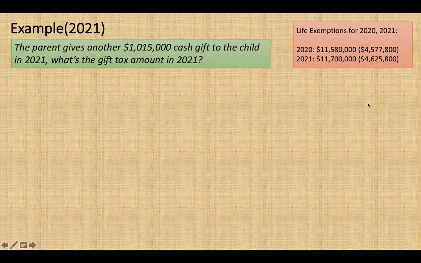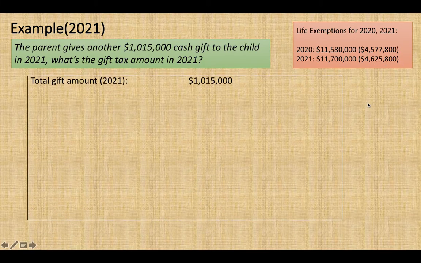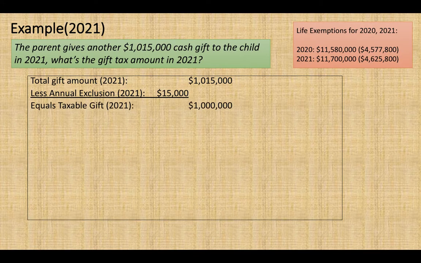So let's see how to calculate it. This is 2021, and this is the gift amount. You minus the annual exclusion amount, and you get a taxable gift of $1 million.